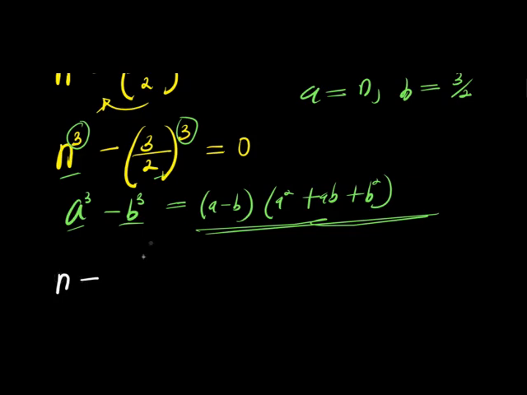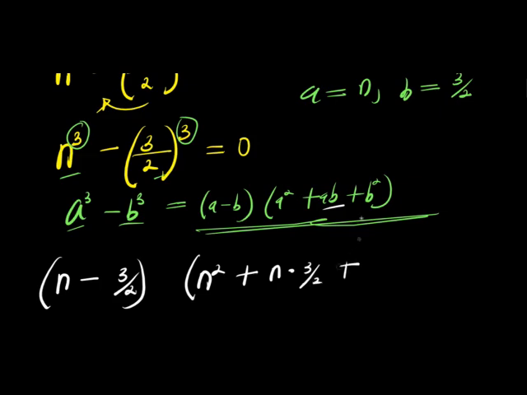We have n minus b, which is 3 divided by 2, times a squared, that is n to the power of 2, plus ab, we have n times 3 divided by 2, plus b squared. Our b is 3 divided by 2 raised to the power of 2. And this equals 0.